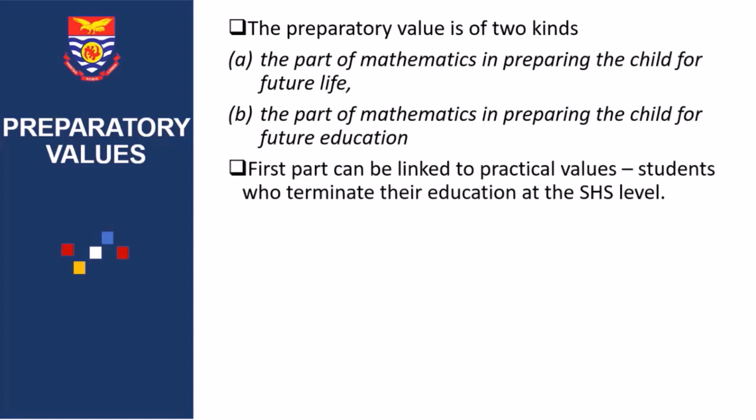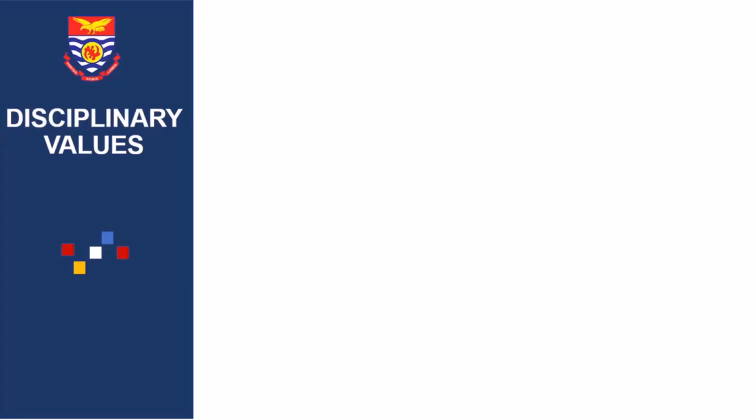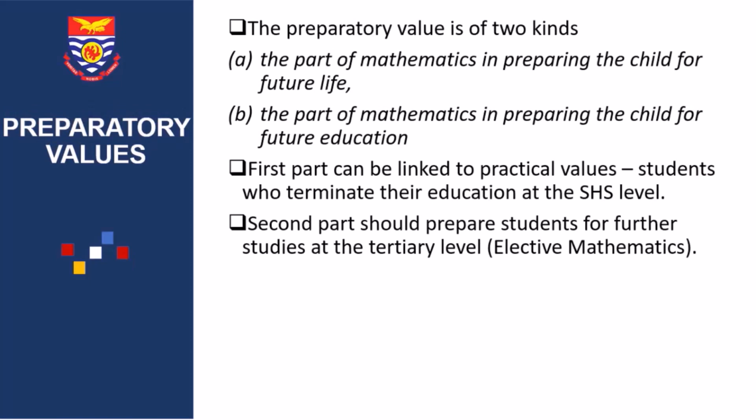First part can be linked to practical values, students who terminate their education at the SHS level, as I said. The second part for those students who may further their education at the tertiary level, and in this case we said elective mathematics is for those type of students.